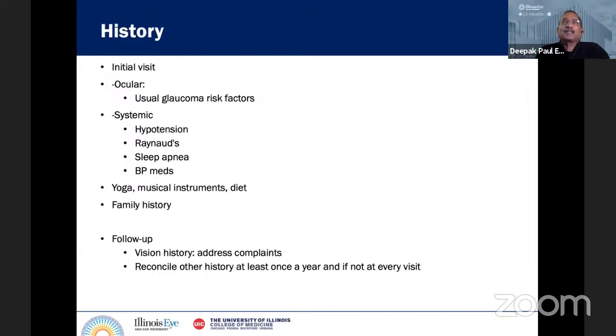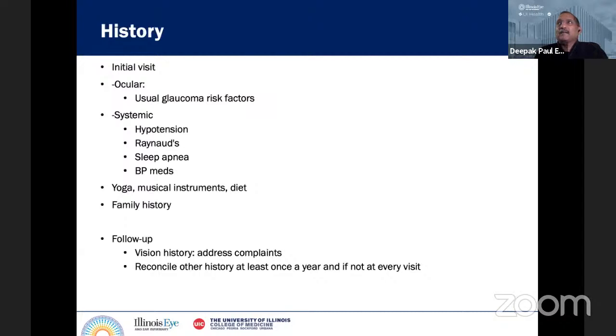I also ask these questions in patients who have severe glaucoma. They come to me usually on multiple medications. You want to get a history of hypotension, which increases the risk of visual field loss, Raynaud's phenomena, which is more associated with low tension glaucoma, sleep apnea, and blood pressure meds, especially those that are being taken at night.